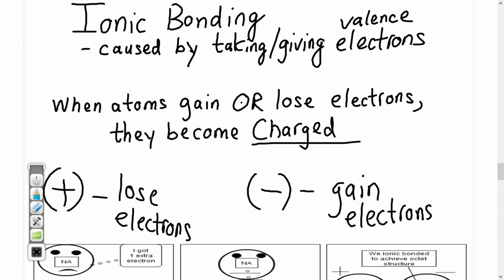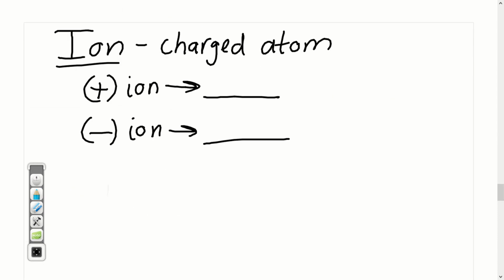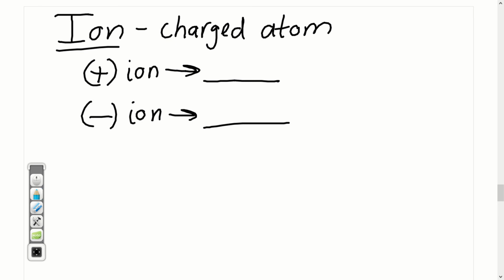All right? So what do we do from there? Well, if they become positive or negative, we give them special names. A positive ion is called a cation. It looks like "cat-eye-on," but it's cation. A negative ion is called an anion.